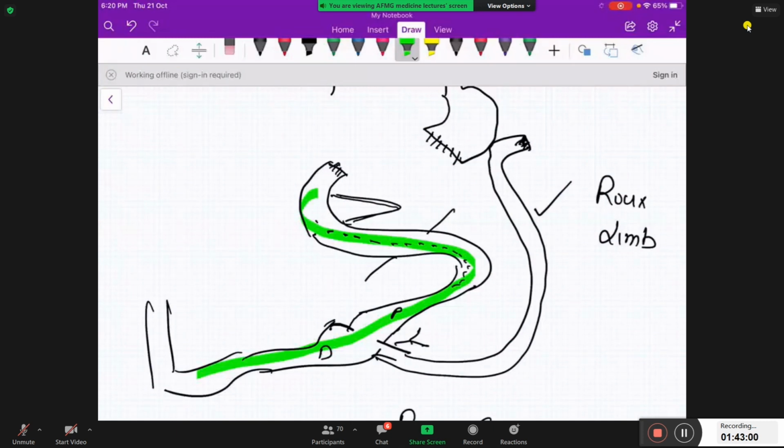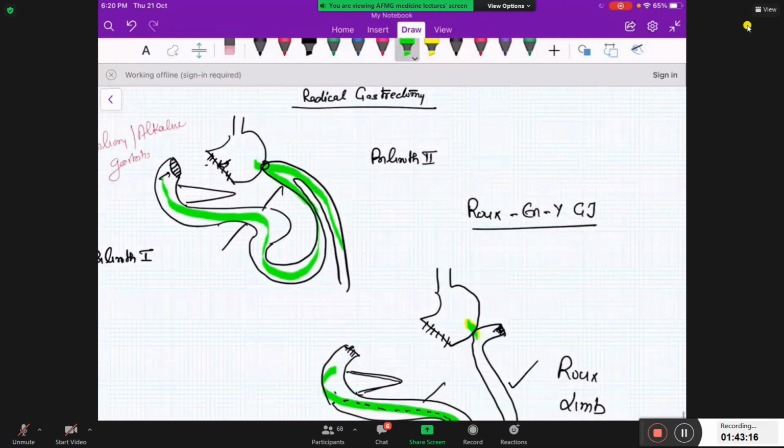But then you can appreciate that some of the jejunal secretions can still go towards the stomach side, but not to the extent. The jejunal juices are also alkaline, but not to the extent which was happening here. So even Ru and Y procedure has a risk of malignancy in future, but not to the extent which Billroth 2 had. So that is why we have shifted to Ru and Y.